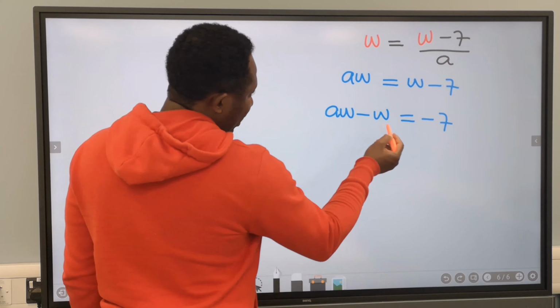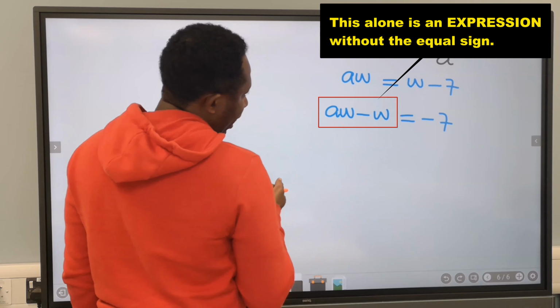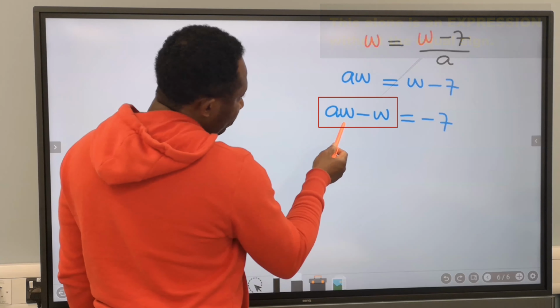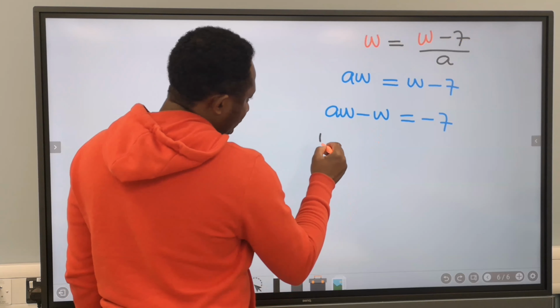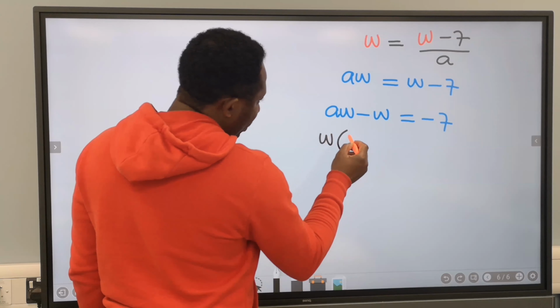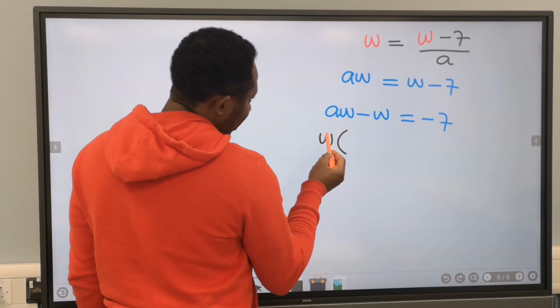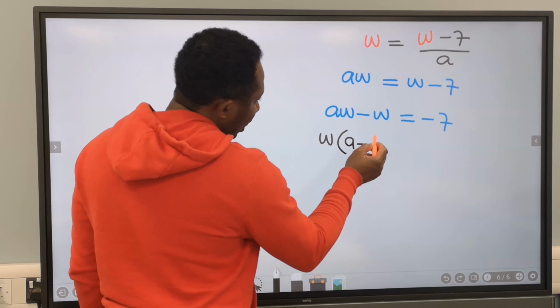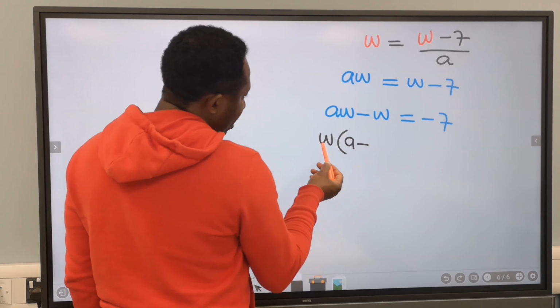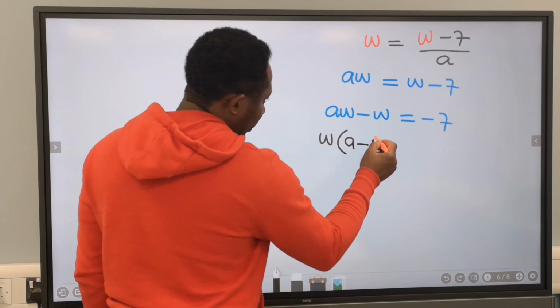Next, I will factorize w out of this expression. W is here and is also here and is common. I will bring out w. What will I write here? So that if I multiply it with this w, I will get aw. It is a minus. What will I put here? So that if I multiply it with this w, it will return this w. It is 1.